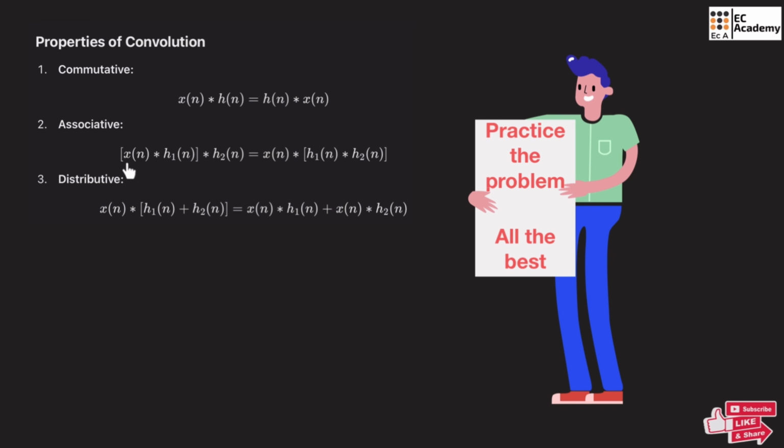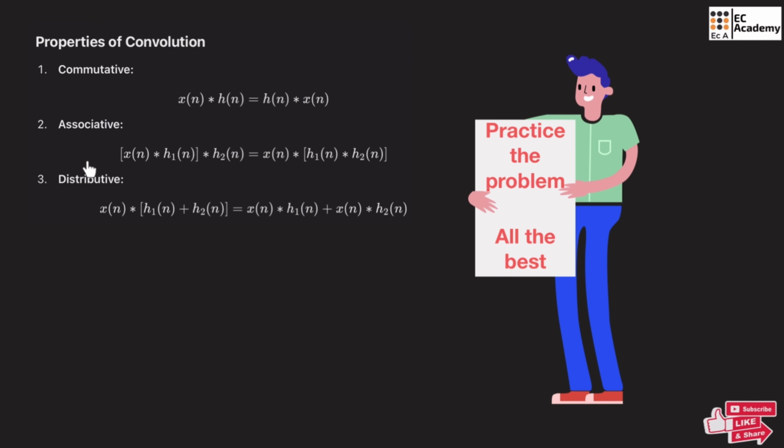As you can observe here, x of n and h1 of n can be grouped and convolved, then it is convolved with h2 of n. It will be the same as if we group h1 of n and h2 of n, convolve these two, and then convolve with x of n; you will get the same answer.